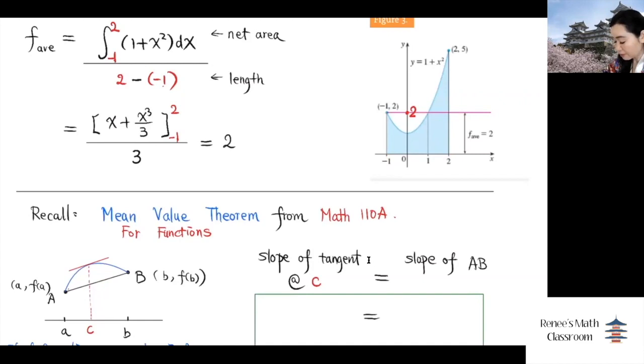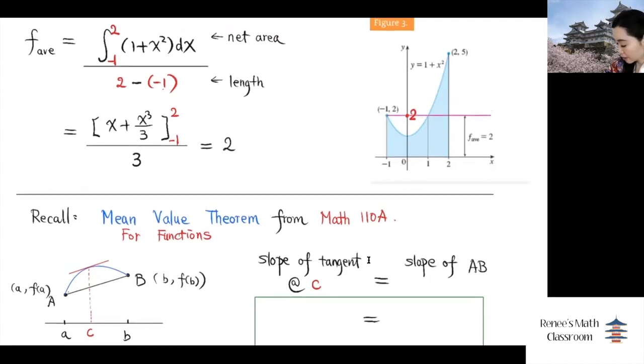You can think about it this way: if I cut along this horizontal line, the part that's above this line, this area, I can cut it and fill it in over here. It's going to fill in this gap. So the area under the curve is actually the same as the area of this rectangle. So cut this part, and you can fill over here. This horizontal line here has the equation y equals 2.